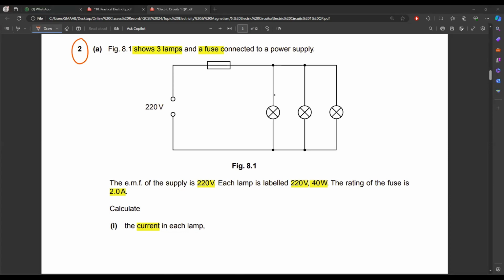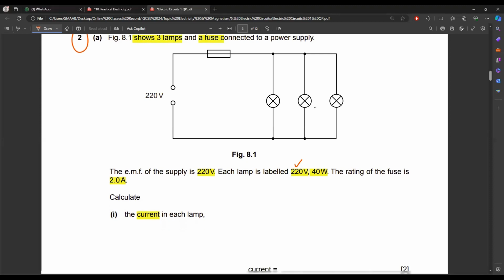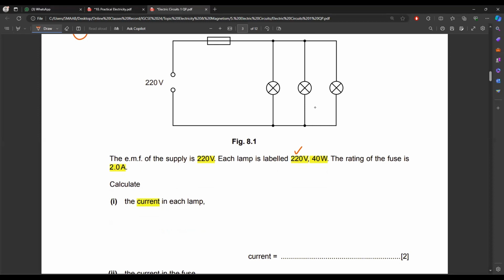Basically it is mentioned that each lamp is labeled with 220 volt. It means the voltage for each lamp is 220, and we know they are connected in parallel combination, so definitely their value of electric current will be variable, not the same. So according to the formula of power, P is equal to VI.